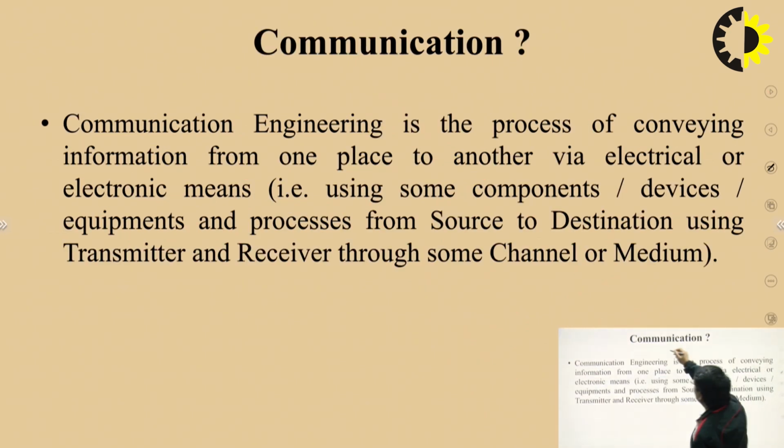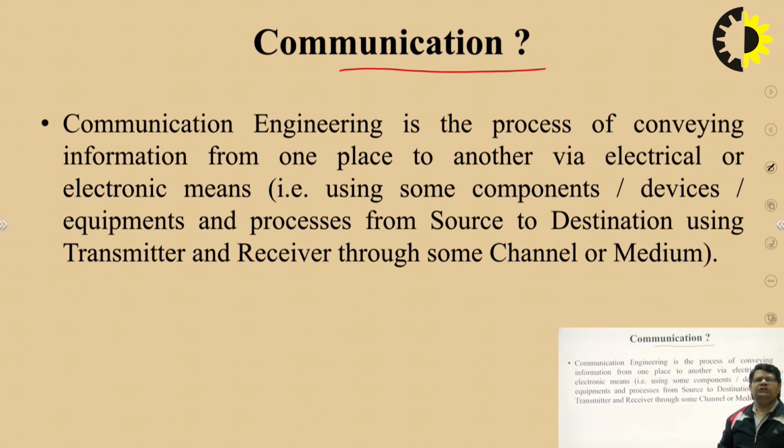Next is communication. Basically, here we are going to define communication engineering. Communication engineering is nothing but the process of conveying information from one place to another place via electrical or electronic means.